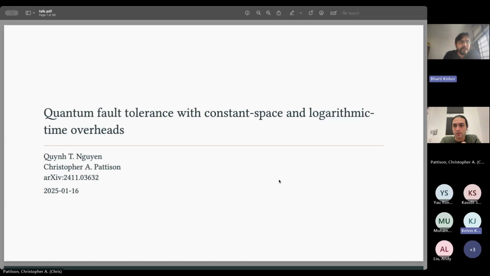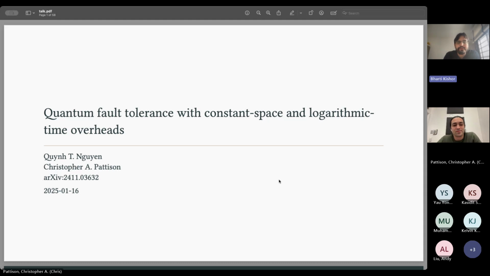So today we have Chris Pattison from Caltech. He's working on quantum error correction, and he has many interesting works on quantum error correction. But today he will talk about his work on quantum fault tolerance with constant space and logarithmic time overheads.